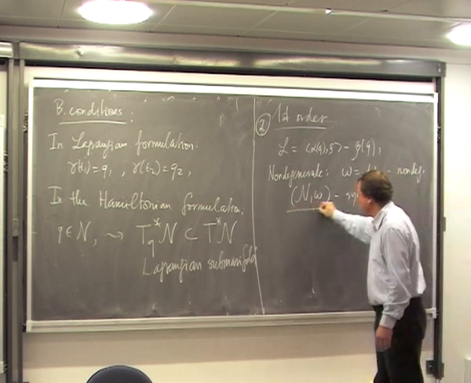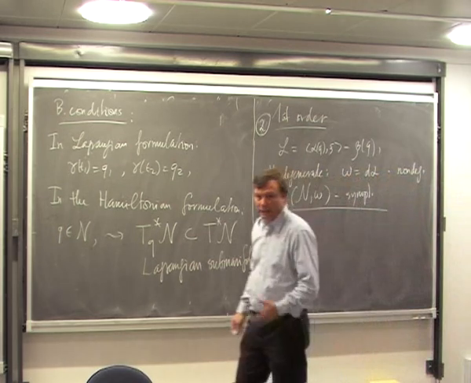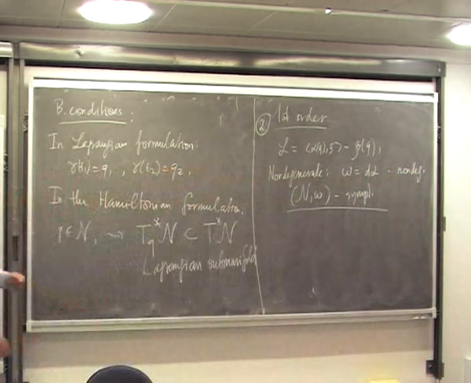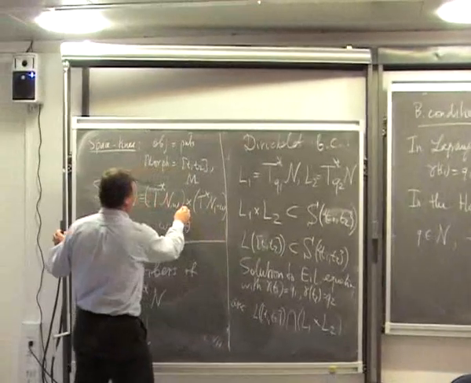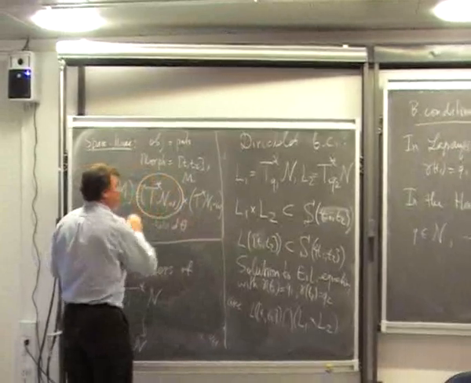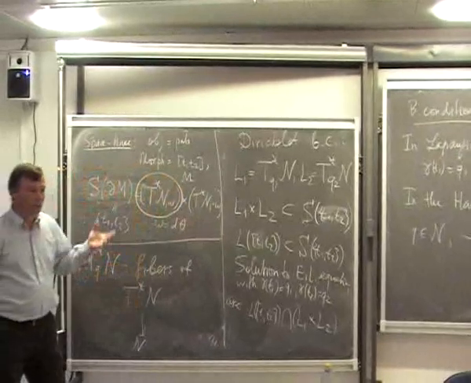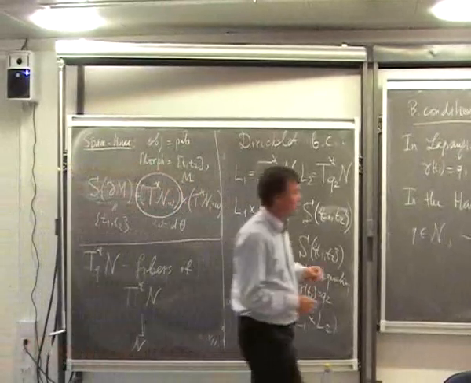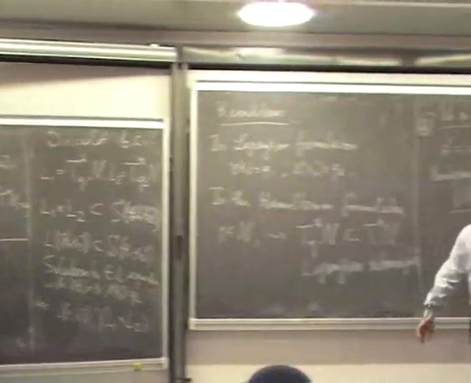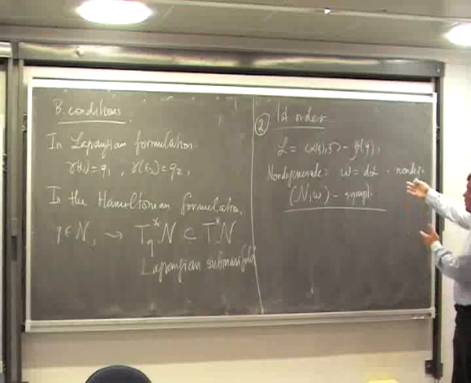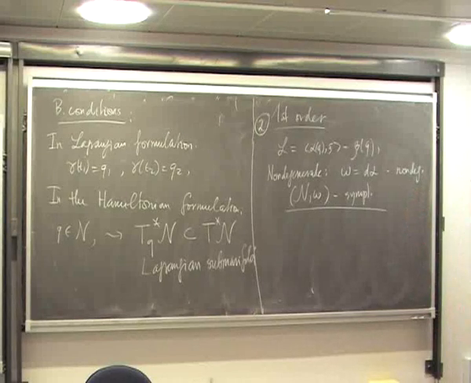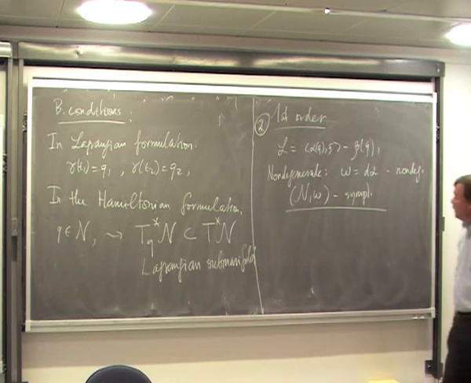In the first order system, the configuration space is the symplectic space. In the second order system, we use the cotangent bundle to define the symplectic structure. But then it's even easier in the first order systems. Basically, we have done all the job before.